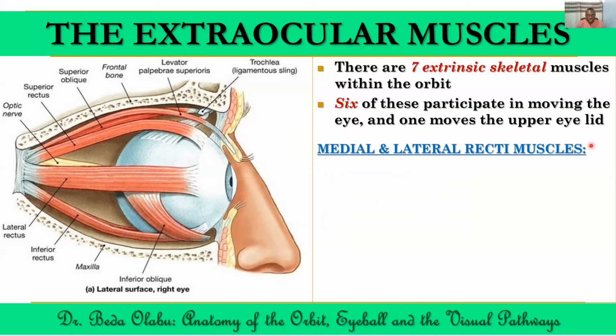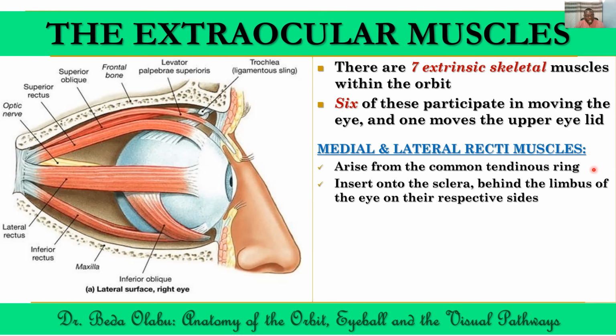The other category of muscles we'll talk about are the medial and the lateral recti muscles. So this is the lateral rectus muscle. The medial rectus will look like that, except now on the medial aspect. Generally, the recti muscles, all four, arise from the common tendinous ring, and they insert onto the sclera.